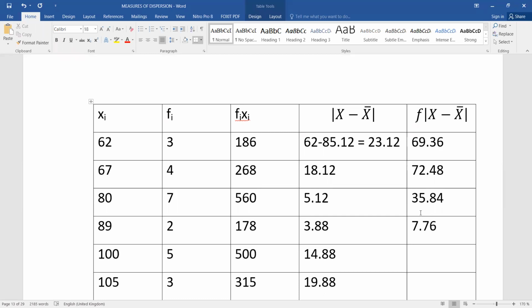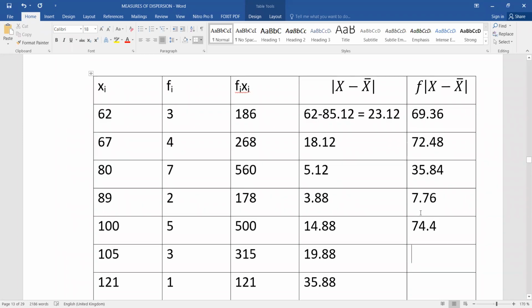Lane, that is correct. 74.4, so that is correct.